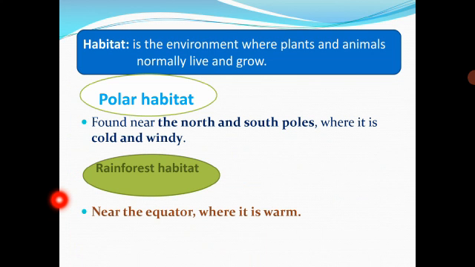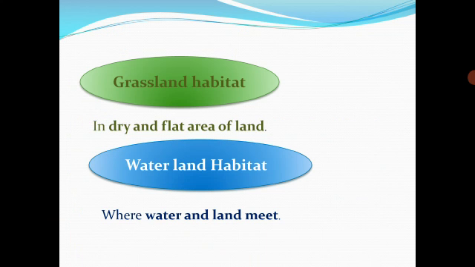Rainforest habitat, it's near the equator, and the weather is warm. Grassland habitat, it's a dry and flat area of land. And the last one is wetland habitat, where water and land meet.